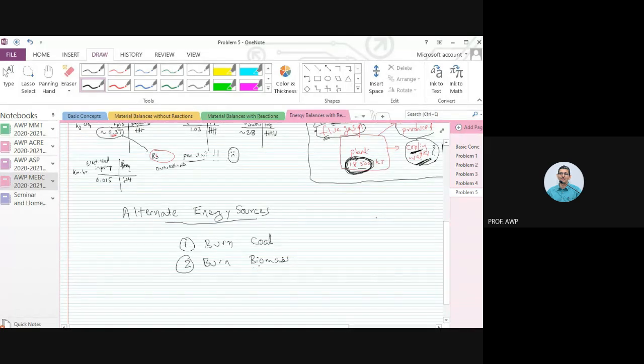Maybe somebody can take that and burn it as a fuel source in a power plant instead of burning it in a field, and that way it will reduce the problem of pollution and smog and fog that every year eclipses these parts, and we might as well generate electricity from there. Any other source of energy that you can think of?